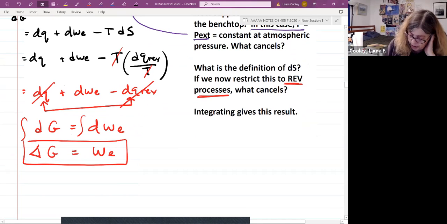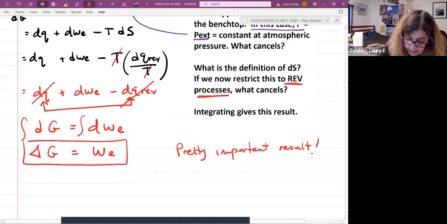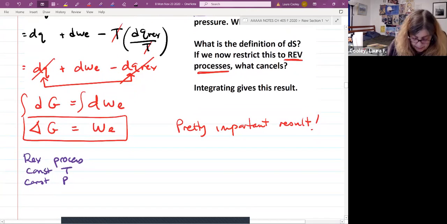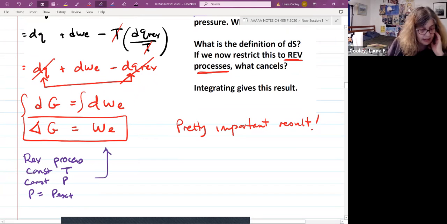So this is a pretty important result. It says that for a reversible process, with constant temperature, constant pressure, P equals P external, mechanical equilibrium, delta G is equal to the amount of work that the system can do.